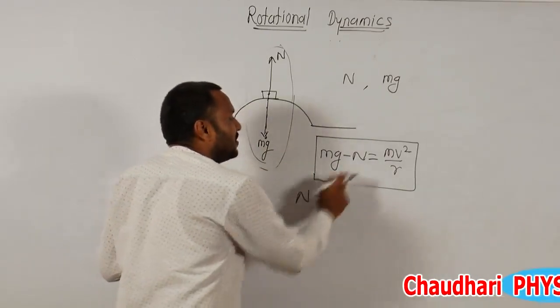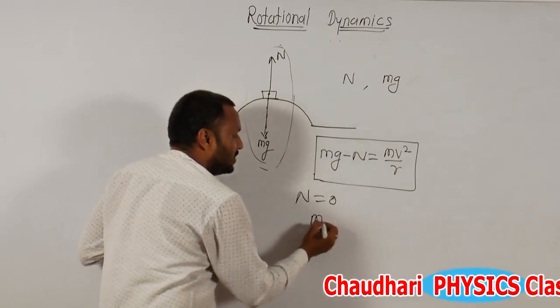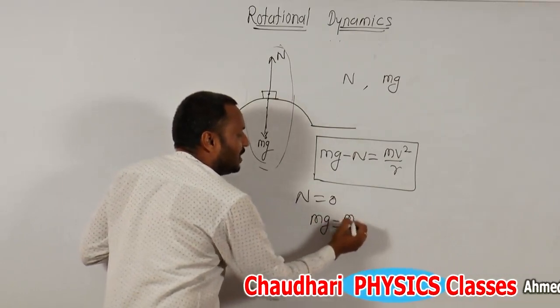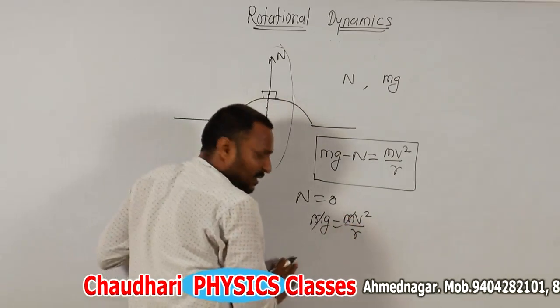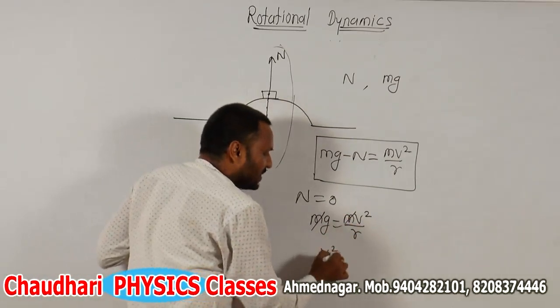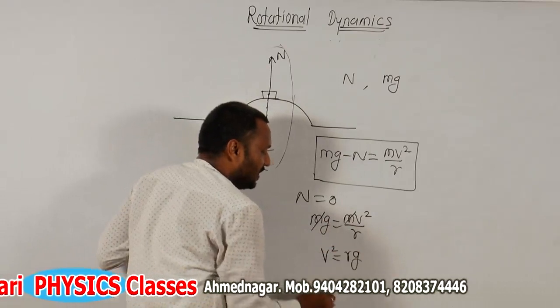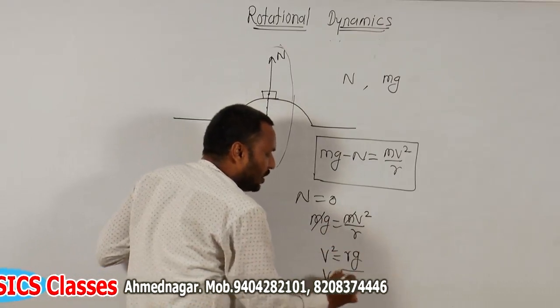If the normal reaction becomes 0, then mg is equal to mv square upon r, the m gets cancelled, and we can say that v square is equal to rg, or v is equal to root rg.